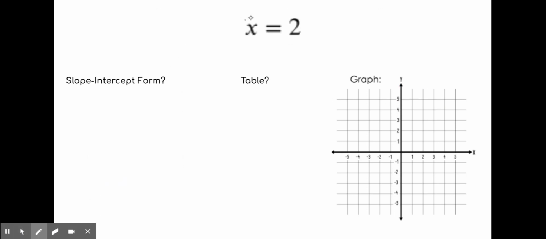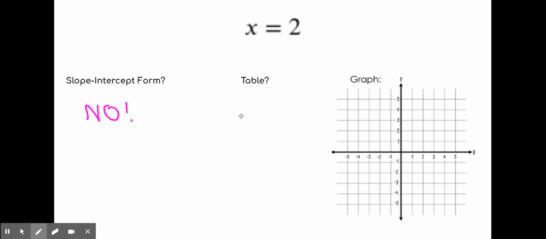Now, what about when it's x equals a number? You could probably guess based on what we just did what you think might happen here. But here, x equals a number. Well, can we write this in slope-intercept form? Well, there's no y, right? So there is no slope-intercept form because slope-intercept form has to have y equals, right?